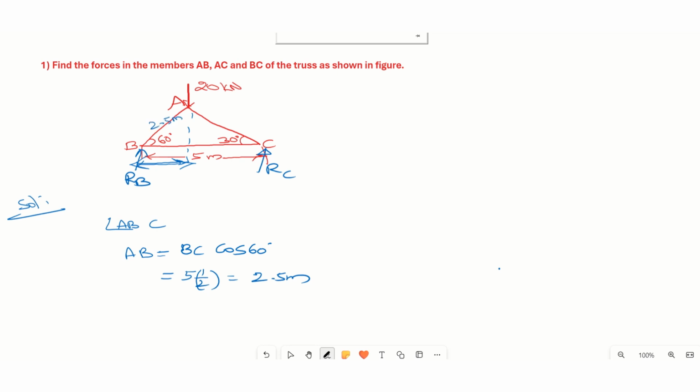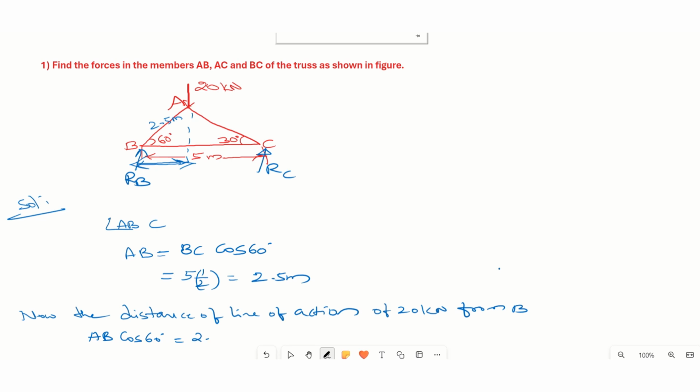Now the distance of the line of action of the 20 kilonewton load from point B equals AB into cos 60.